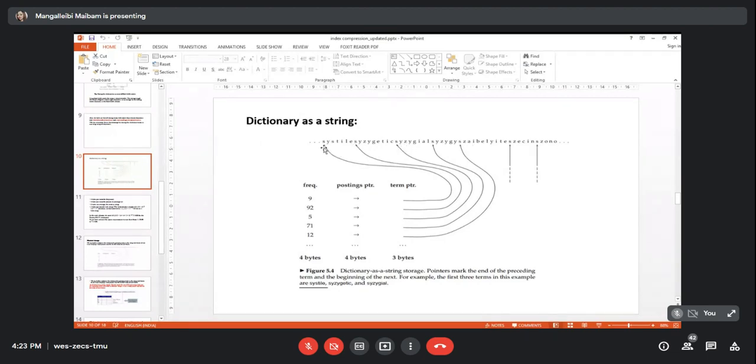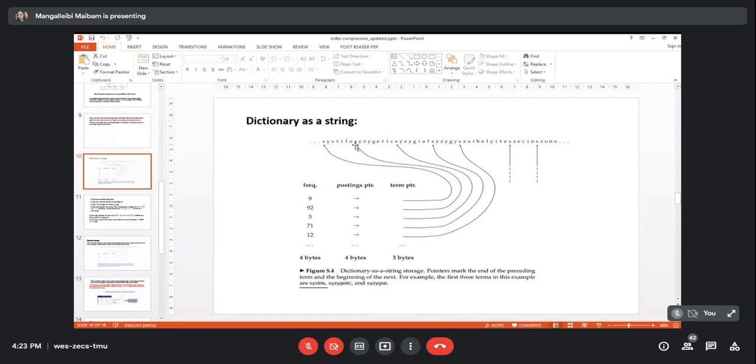You can see the pointer in S. So until this new pointer, up to E is one term. That means if you pointed here, then the first term will be before S. So cystine.